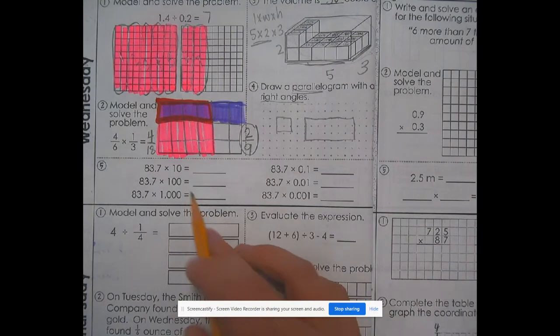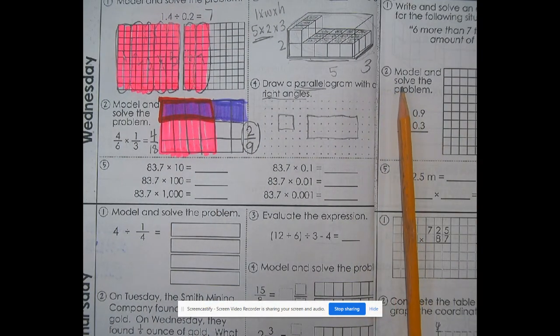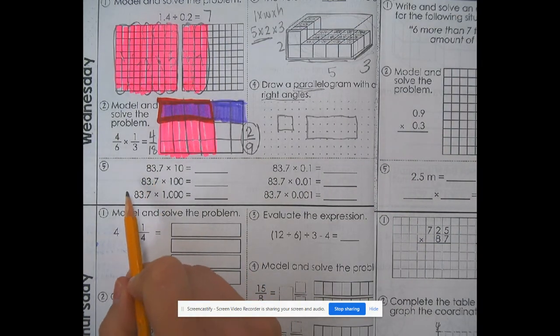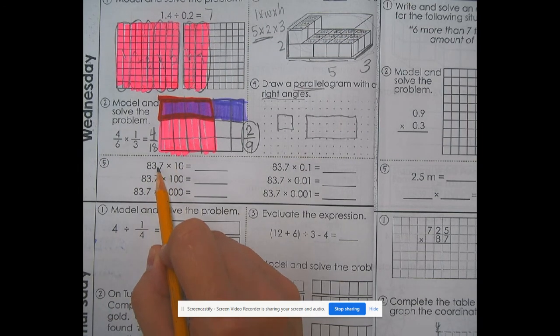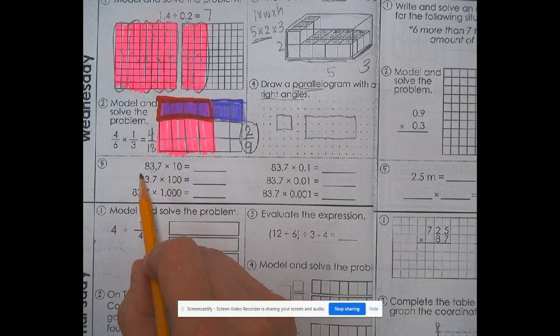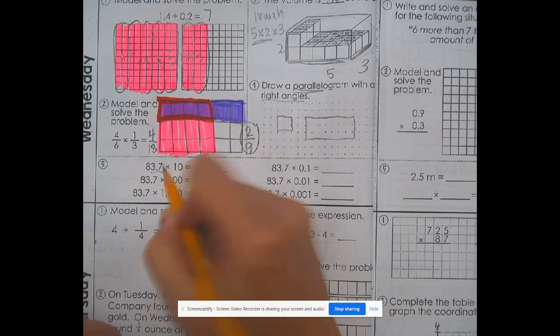If we're going to multiply by 10, is our number going to get smaller or larger? Larger. So we've got a decimal there. So which way is our decimal going to go to get larger? If I go from 83 to 0.7 and I turn it to the left, I've now got 8.37. Is that larger? Nope, so it's going to go to the right.